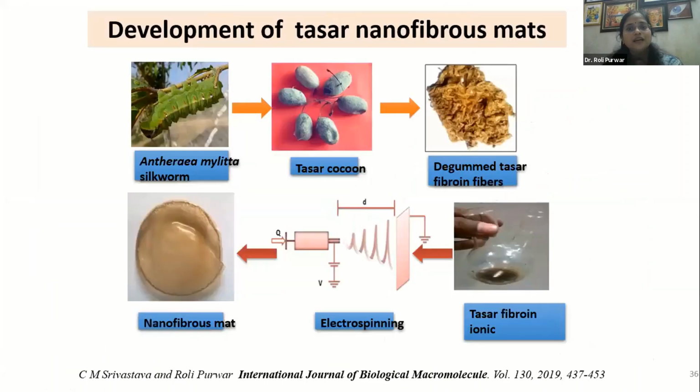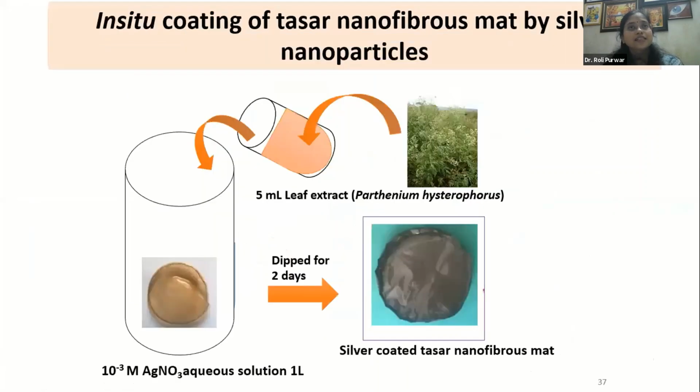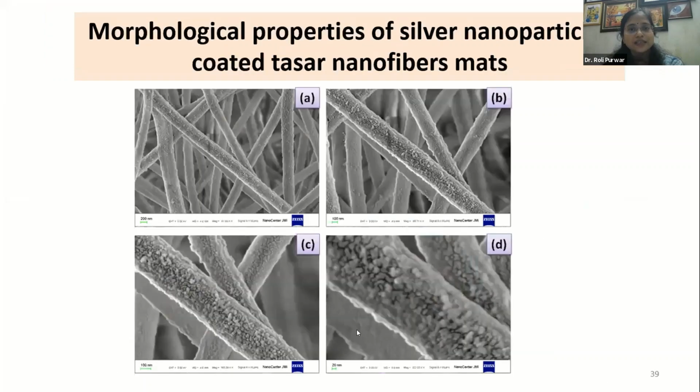We have also developed the Tussar nanofibrous mat using the electrospinning process. In this Tussar nanofibrous mat, we have also added silver nanoparticles, which we synthesized using Parthenium weed. Once these nanoparticles were synthesized, you can see beautiful fibers coated with the silver nanoparticles, and these fibers are inherently antibacterial in nature.